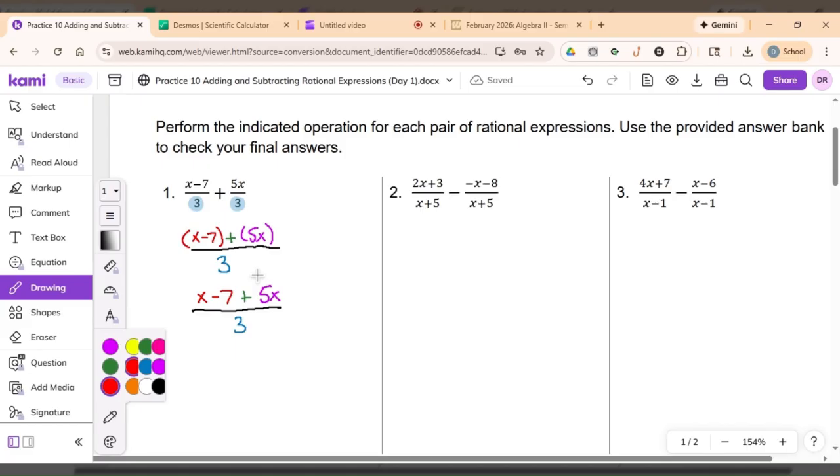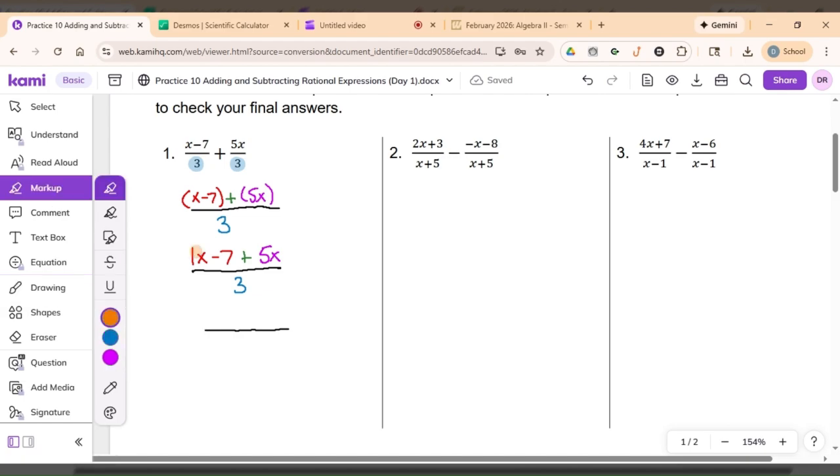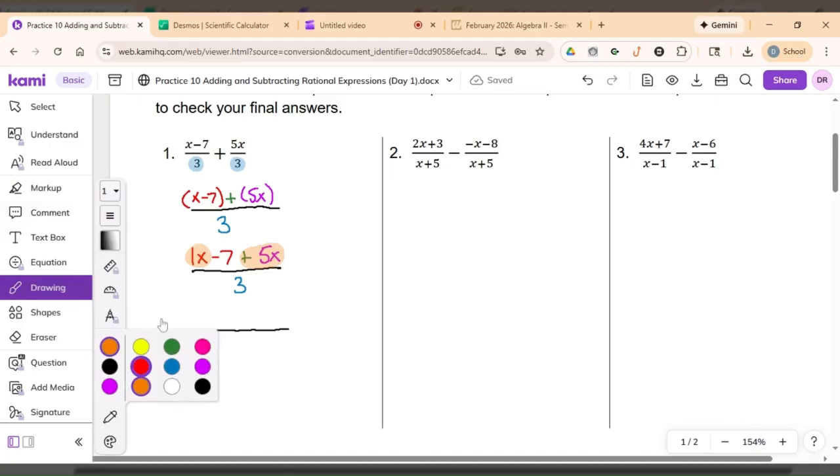If you look right here at the very beginning, we can put a 1 in front of that first x. When we combine our numerator values, we have two like terms that we can bring together, right? We have a 1x at the beginning and a 5x at the end that we're adding with it. So all I need to ask myself is, what is 1x plus 5x? That's just 6x. And after that, we have the minus 7.